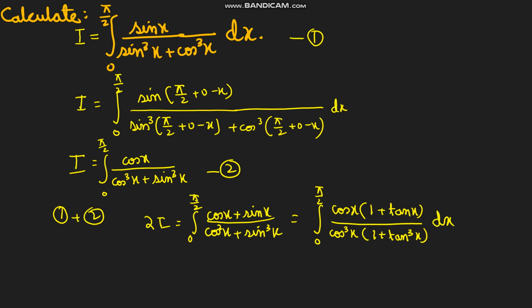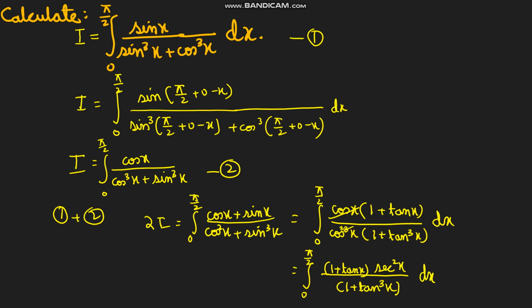So this cos x cancels, and cos square x remains in the denominator. This is again equal to the integral from 0 to pi by 2 of 1 plus tan x, times 1 by cos square x, that is sec square x, divided by 1 plus tan cube x, dx.